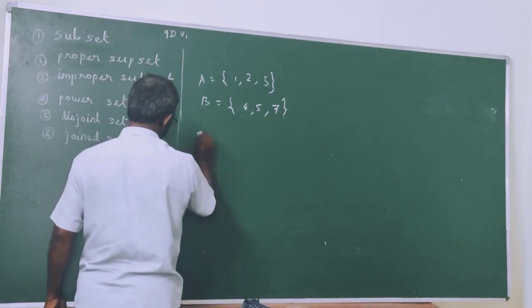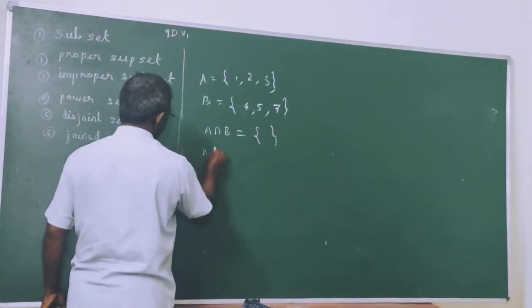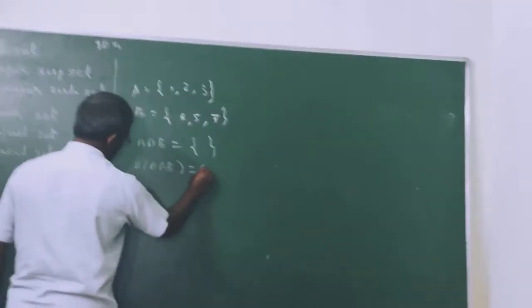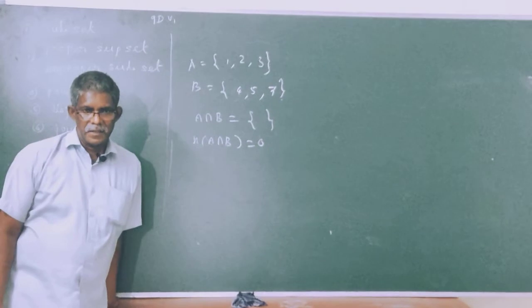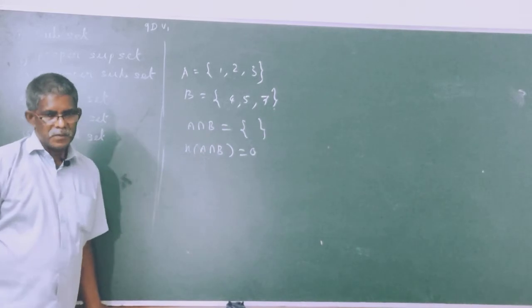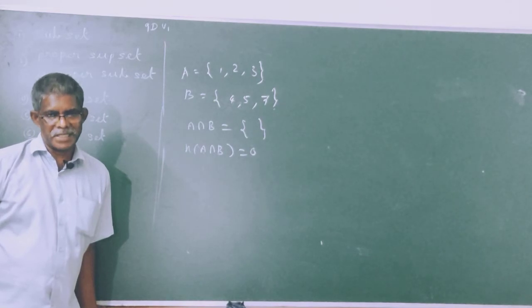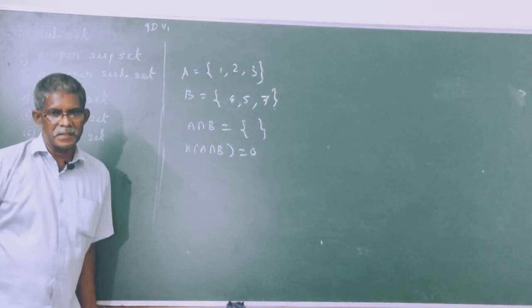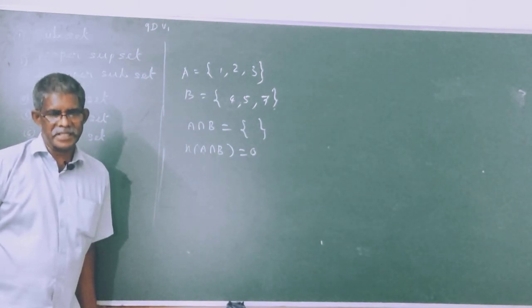Then A intersection B is equal to the null set, so n of A intersection B is equal to 0. There is no common element. If two sets have no common element, those two sets are called disjoint sets. So disjoint means there is no common element for the given two sets; the number of common elements is 0.